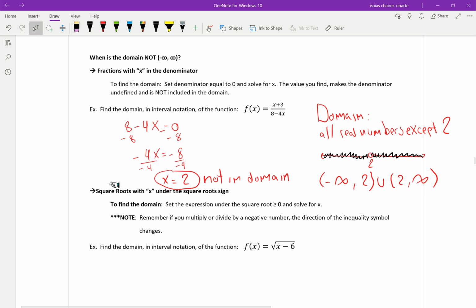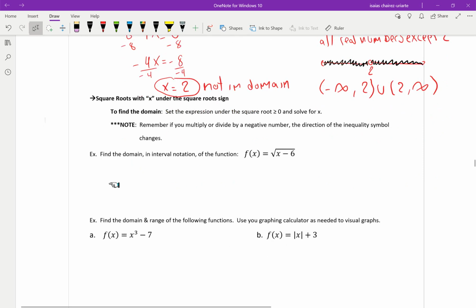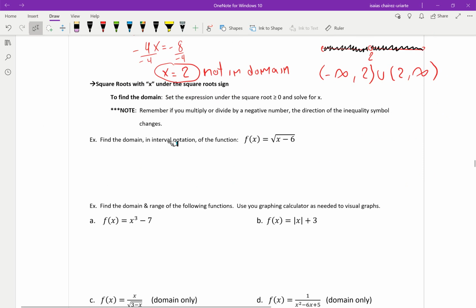Okay, next type of function: square root functions. If I have a square root and I have an x inside it, in order to find the domain, we're going to have to set the expression that's inside the square root to bigger than or equal to 0, then solve for x.